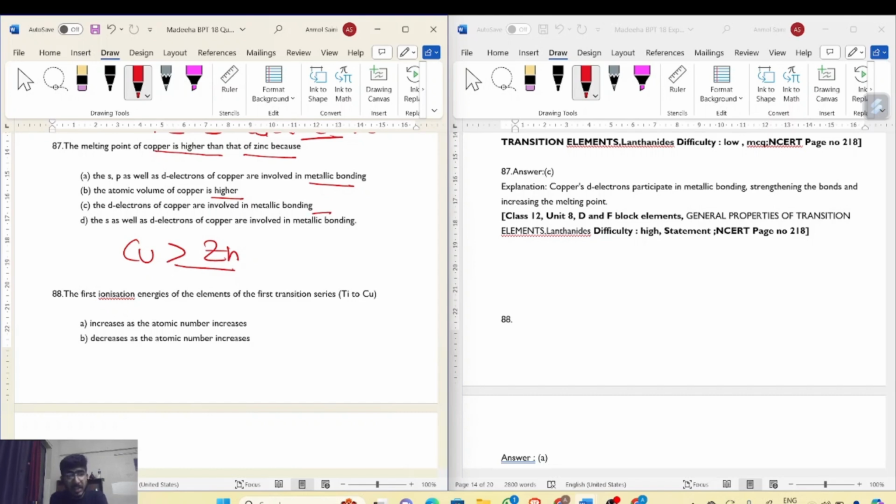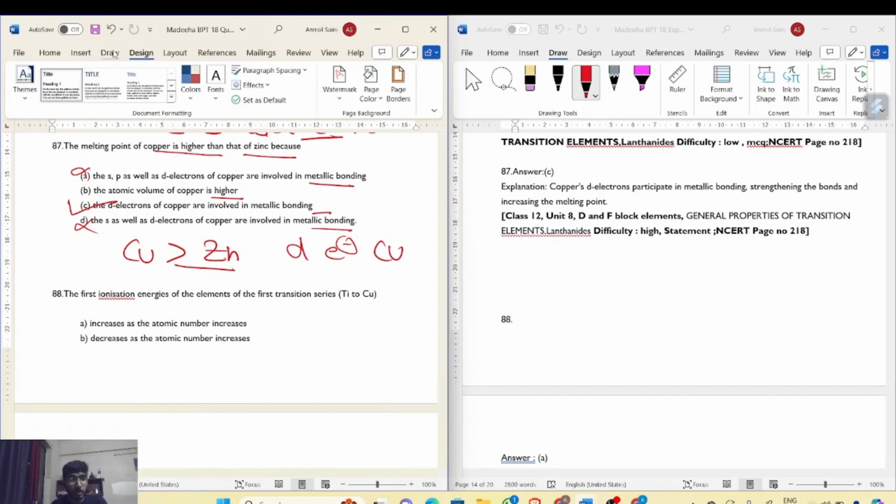The s as well as d electrons of copper are involved in metallic bonding. So first of all, only d electrons of copper are involved in metallic bonding. The d electrons of copper are involved in metallic bonding. This is the correct answer. Option number C is correct.